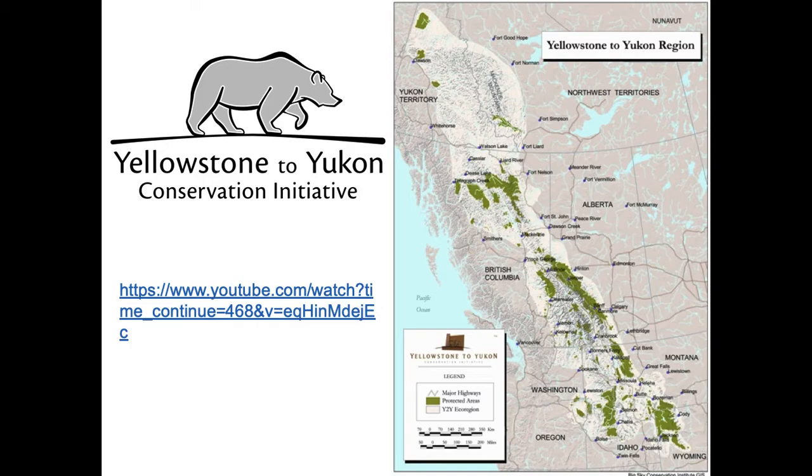And it's to accommodate our larger wildlife, but it's going to accommodate a lot of smaller wildlife while it's working on that. And the idea is to be able to maintain the ability for these wildlife species to move between these different protected areas.